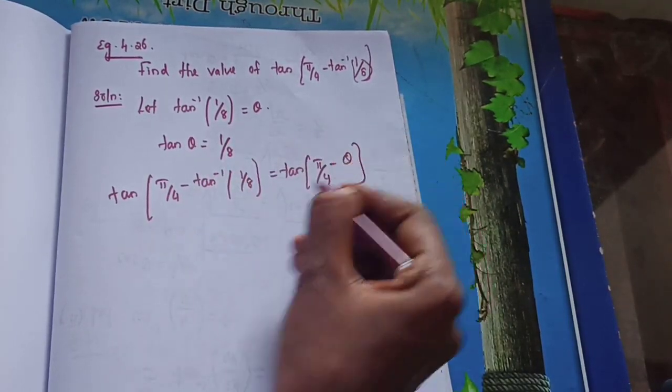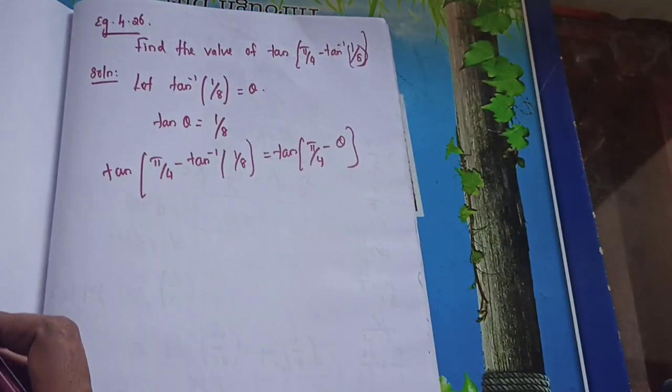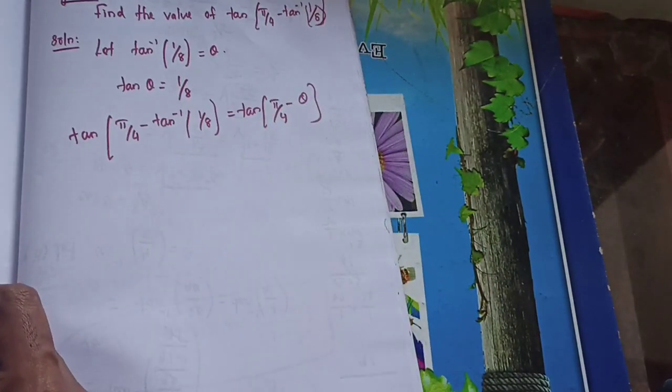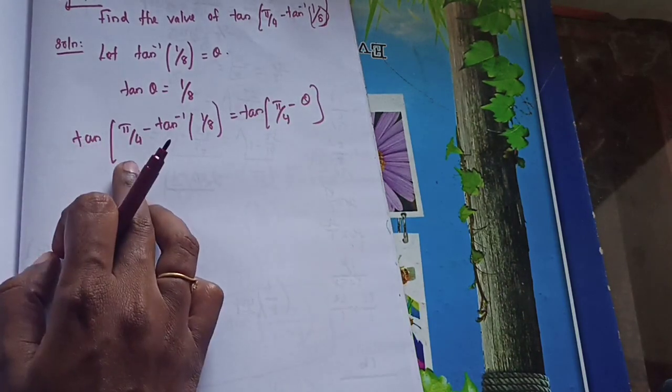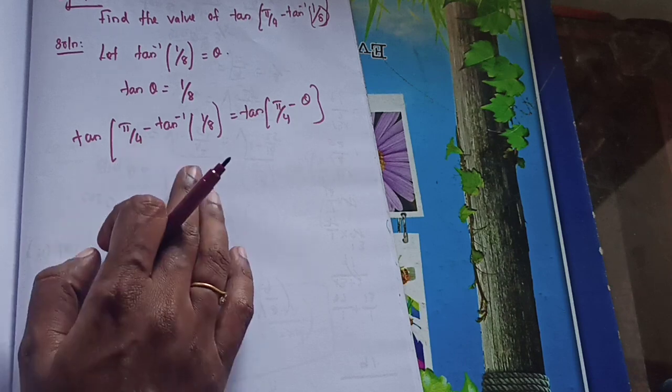Okay, minus theta. So what's the formula for tan of x minus y? Tan x minus y, what's the formula? Same as before, that is tan of x minus y, you use that same formula. Therefore you will use the formula.